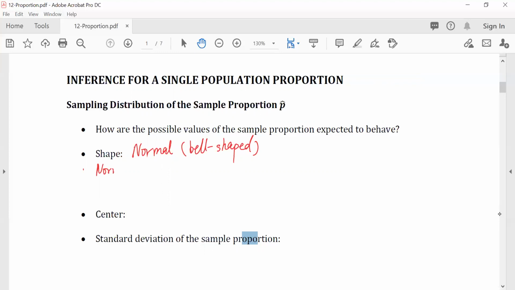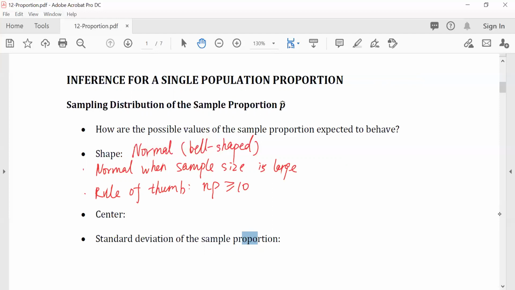it's normal when your sample size is large. And the rule of thumb for how large is large enough is that n times p, the sample size times the proportion, is greater than 10, and n times 1 minus p is greater than or equal to 10.